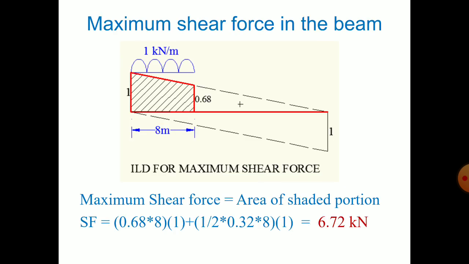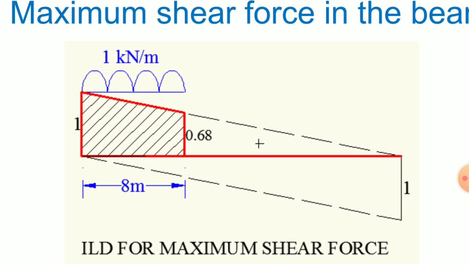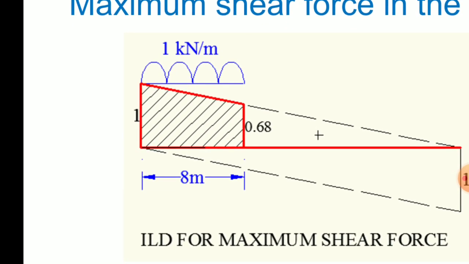Then for calculating the absolute maximum shear force in the beam, we have to refer to the influence line diagram for the reaction. For positive shear force, you have to place the load like this, as shown in the figure. Here if you place the load like this, the reaction at A will be maximum.